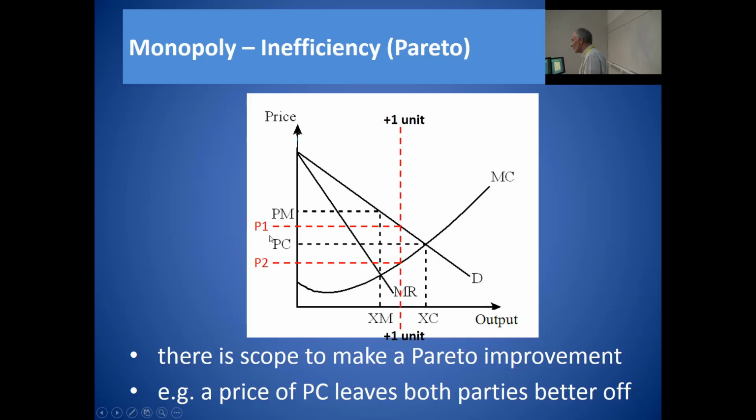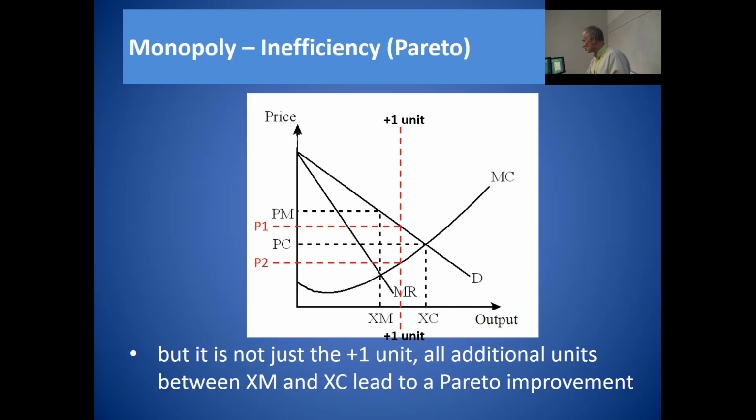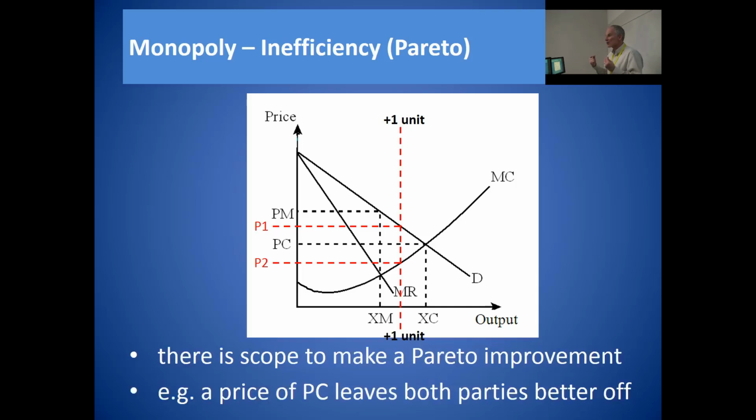The monopolist would receive a price of PC, but it only costs the monopolist P2 to produce. So what we've got on that one extra unit is that clearly there is scope to make a Pareto improvement. We can make both parties better off. Consumers would pay a lower price, but they would have been prepared to pay more.